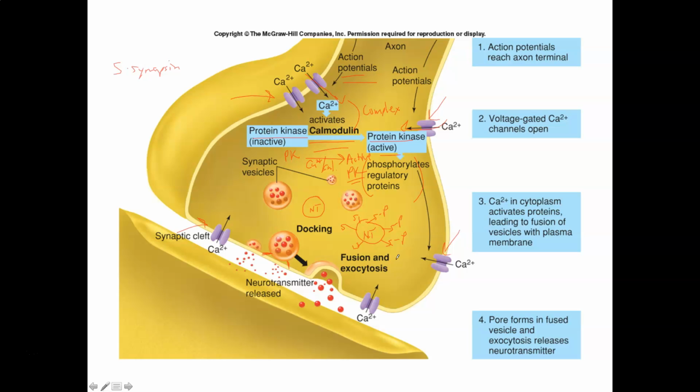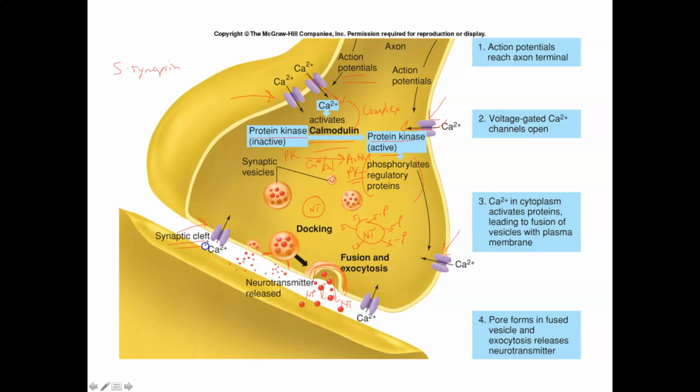Because remember, exocytosis is an active transport mechanism, and so it requires energy for that process to take place. So we have energized vesicles. Those vesicles are opening up along the plasma membrane of the presynaptic cell, and now we're seeing release of the neurotransmitter. So the neurotransmitters are moving out into the synaptic cleft.